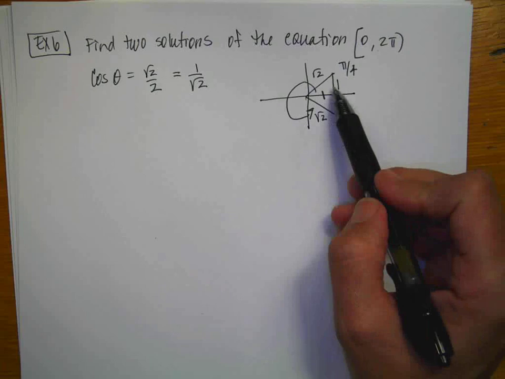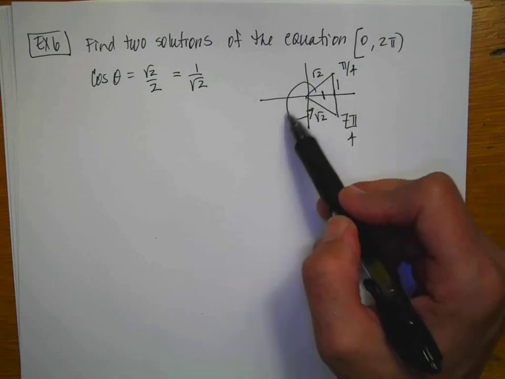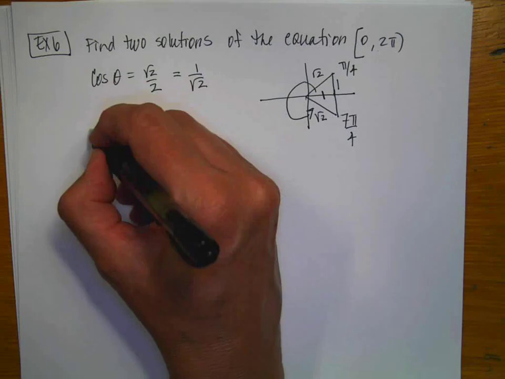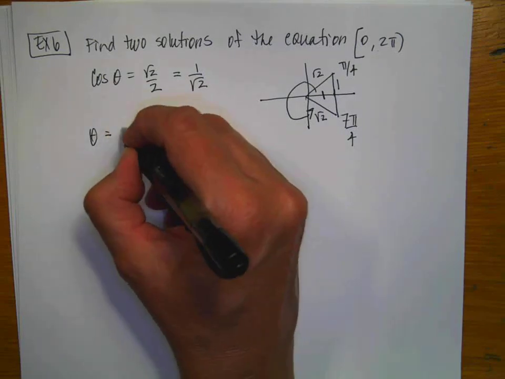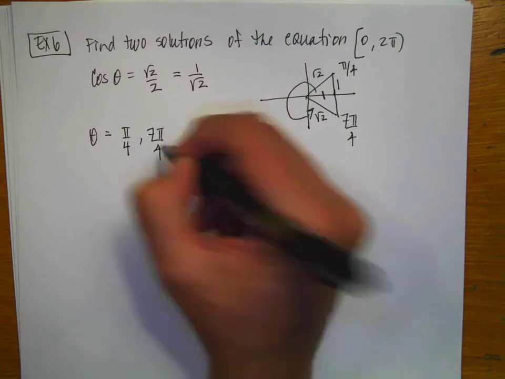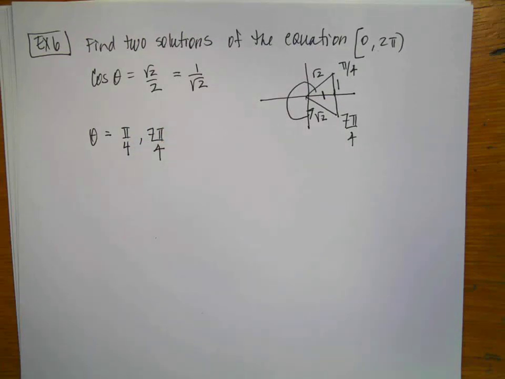And then this is going to be 7 pi over 4. Remember, I can count 1, 2, 3, 4, 5, 6, 7. So this is 7 pi over 4. Therefore, theta is equal to pi over 4 and 7 pi over 4. Okay? Alrighty, so those are my two solutions for theta.